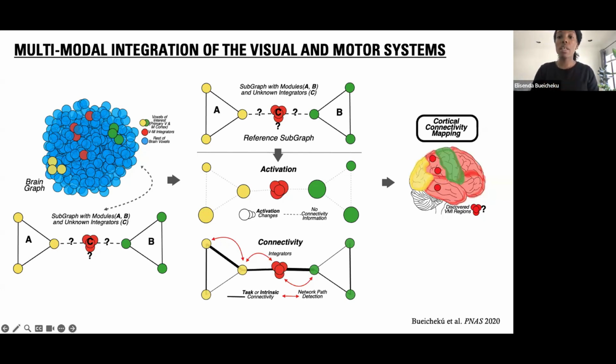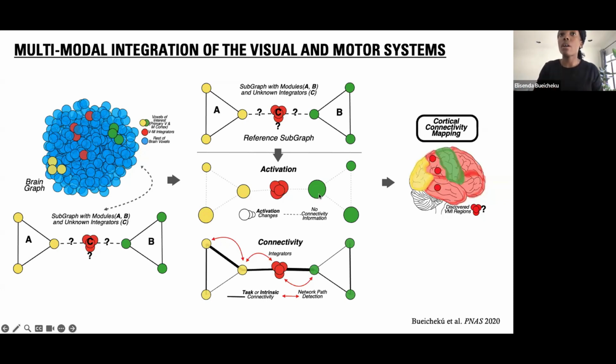And we do this in a way that we introduce in our code, okay, give me the connection first of the yellow region that is direct, and it will only locate regions that are at one step. And then we introduce our yellow region, that is the visual, and our green region, that is the motor cortex.